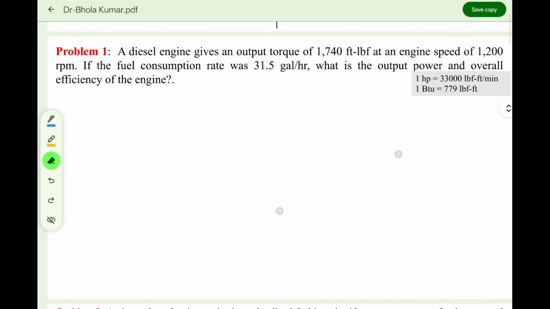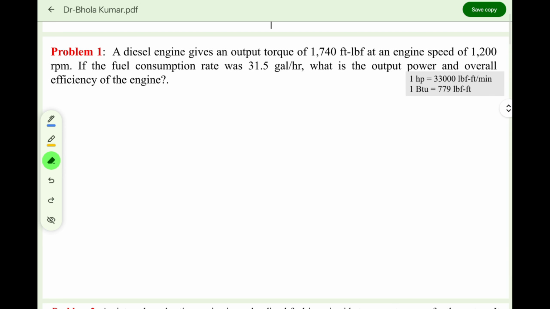So this is the question that I have brought. For a diesel engine, the output torque T is given in the question, that is 17400 feet lbf. At an engine speed n of 1200 rpm, revolutions per minute.